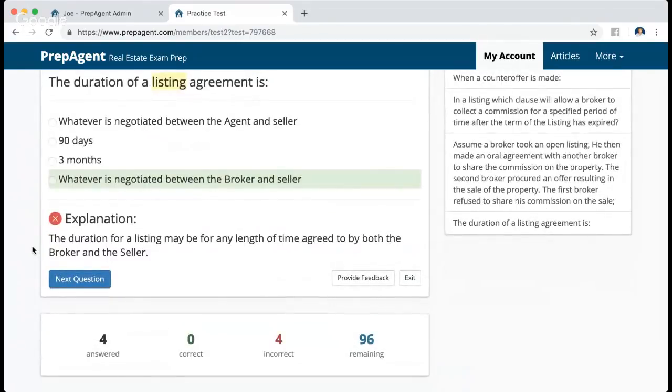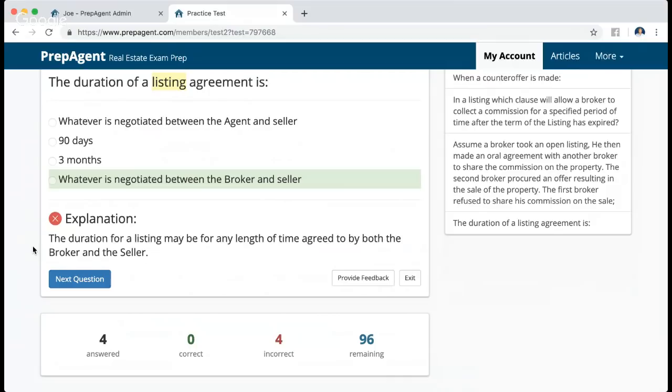All right, completely negotiable. Let's see who's been studying right here. If you guys have an area where they say the listings are 6% and they're 90 days, that's what they are in the area. That's standard. Everybody goes by that, and you need to too.